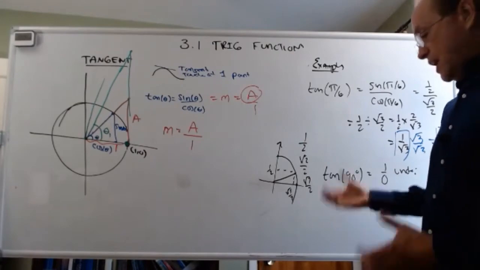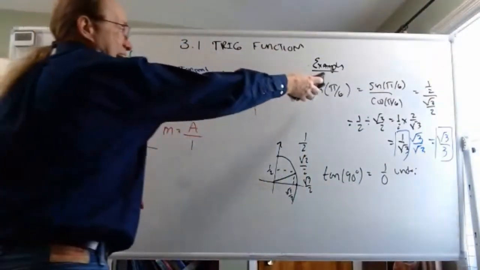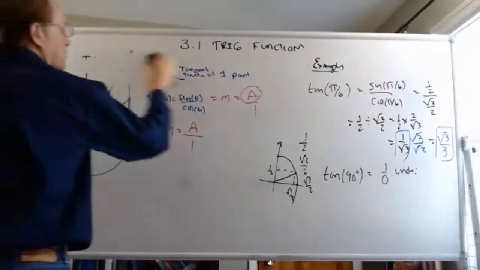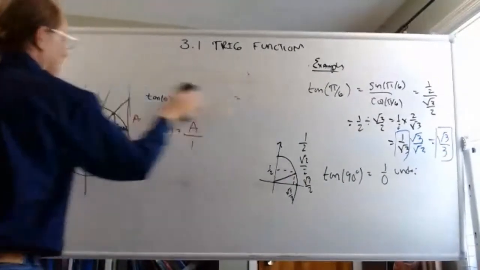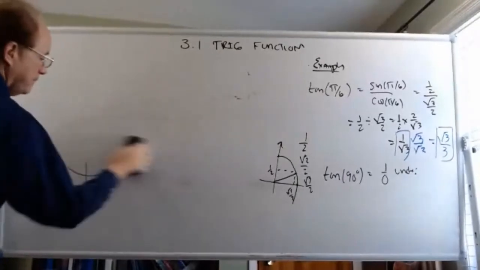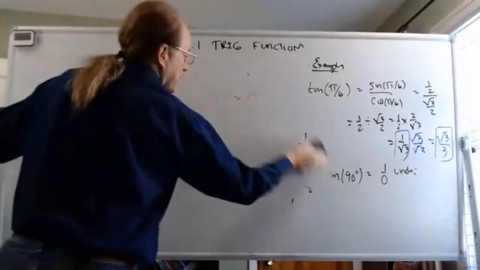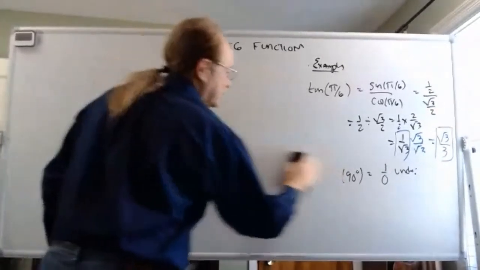Okay, and the other thing you should be able to do is, these are exact values, but you should also be able to use your calculator to find approximate values. So if someone just gives you the following, let me put it in 2 different ways so you understand.